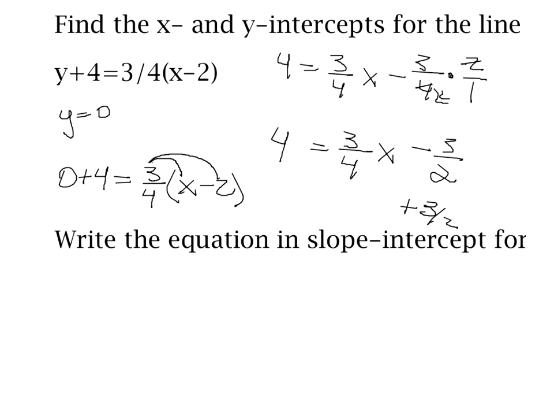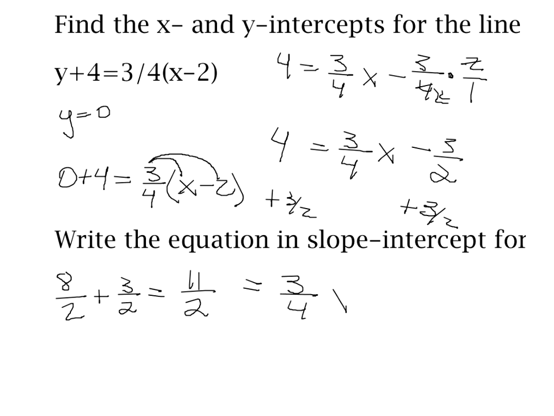Okay, I'm going to add that to both sides. Again, I could use my calculator to get 4 plus 3 halves, but I'm going to go ahead and find a common denominator for 4 and 3 halves. So that'd be 2. 8 plus 3 is 11 halves, equals 3 over 4 x.